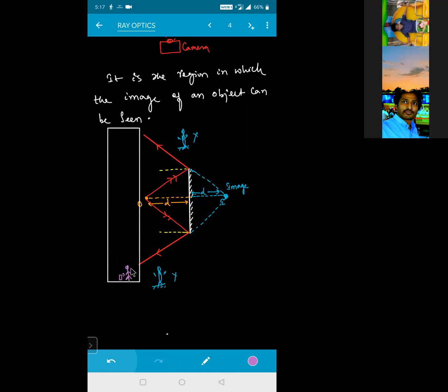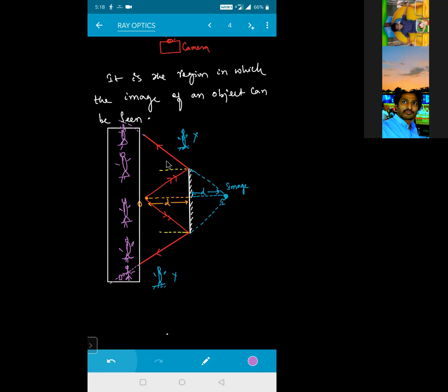I started moving. So will I see it better right now? No. Will I see it from here right now? In this way, if I am somewhere in this region, I can see it. If I am somewhere here, I can see it.